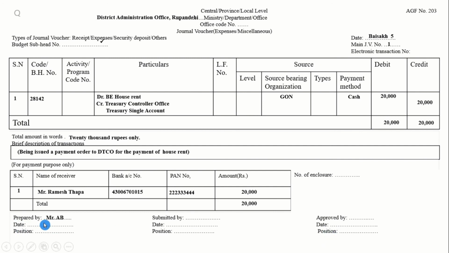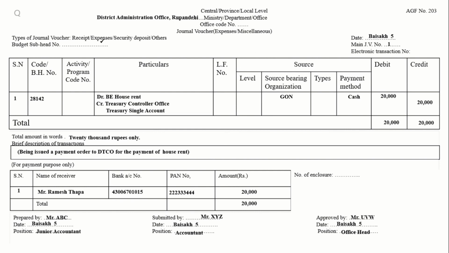So prepared by Mr. ABC, date; Mr. XYZ submitting the documents; and Mr. UVW; date Baisakh 5, Baisakh 5 and Baisakh 5. Position: junior accountant, accountant, and office head.